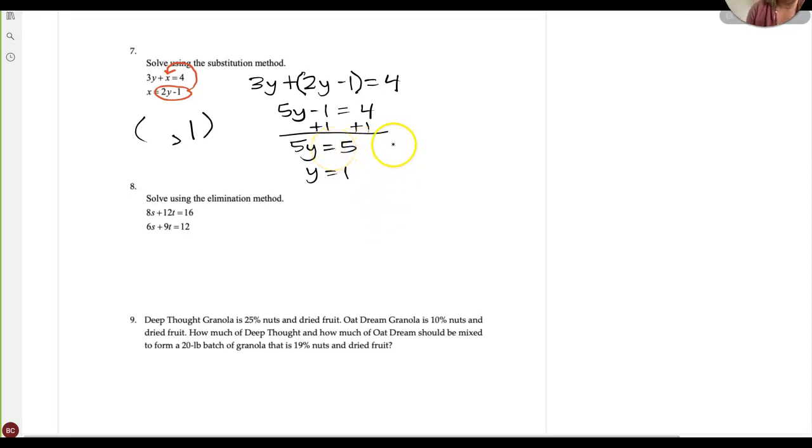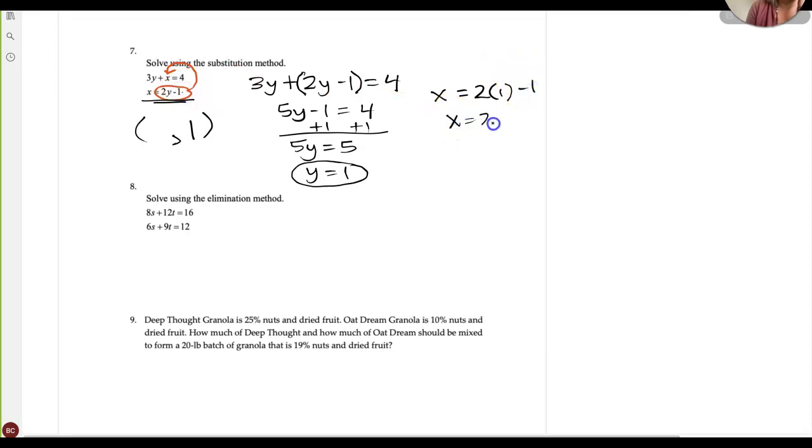All right, so how do we do that? How do we use this y equals 1 to figure out what x is now? Substitute into the next equation. So I'm going to use this equation right here, like you said. So x equals 2 times y, which we know to be 1 now, and then minus 1.